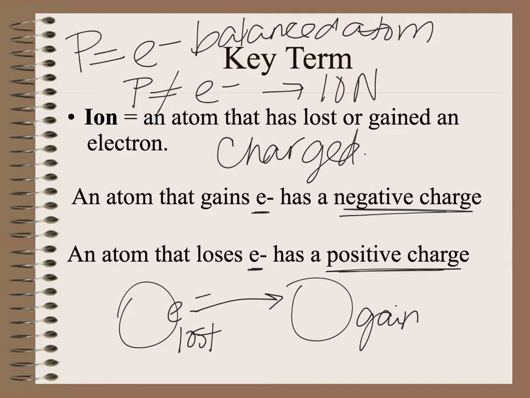Those opposite charges, those different ions, are going to be involved in ionic bonds. But at this point, we just need to know that ions are when we change the number of electrons. So I'm either gaining or losing electrons, and they do not equal the number of protons of an atom.